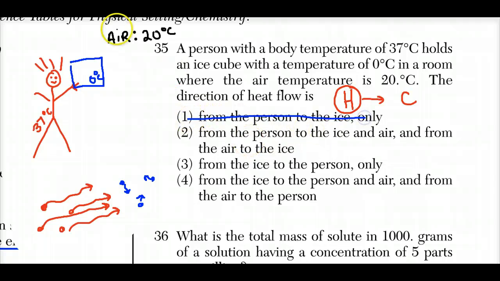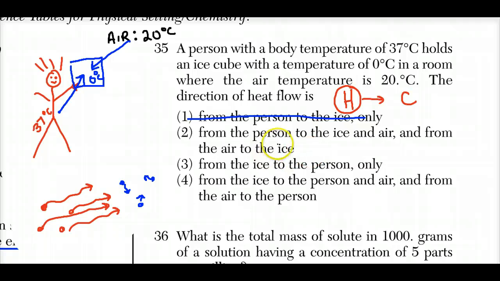No, there are temperature gradients here. We're going to say the hot, warm body flows. So from the person to the ice, energy is going to flow, and also from the air to the ice. So the hand is going to melt the ice, and so is the air. So from the person to the ice and air, and from the air to the ice.